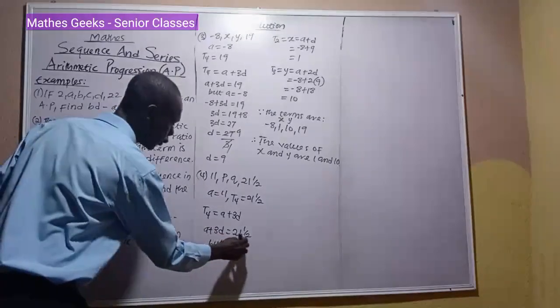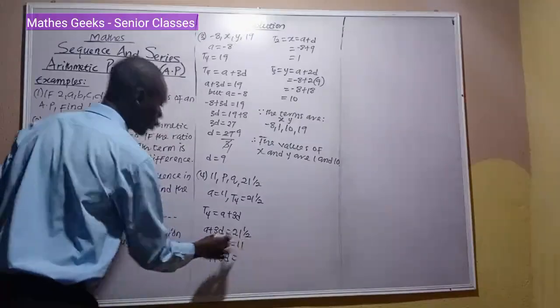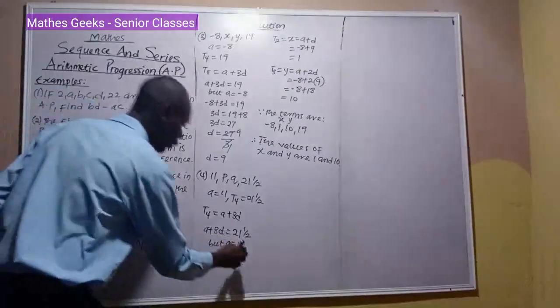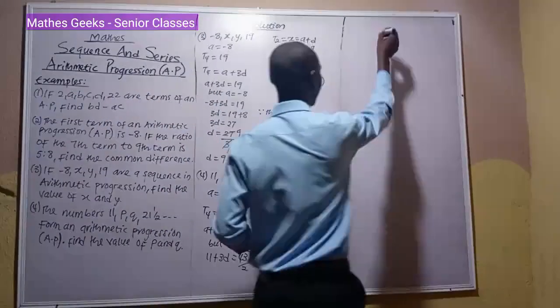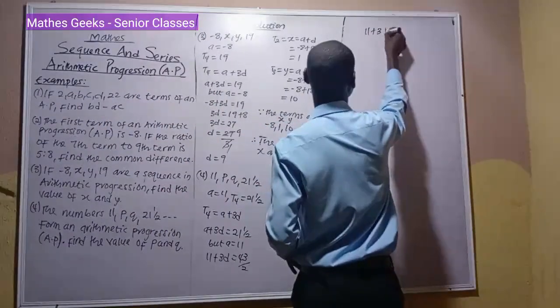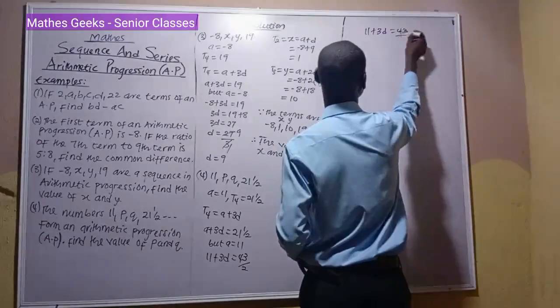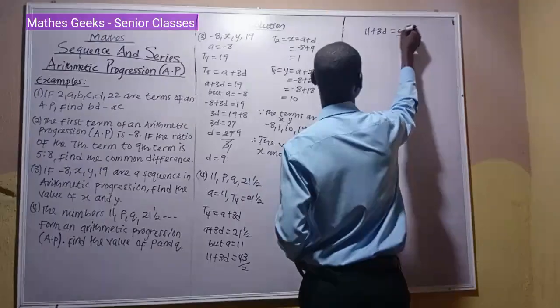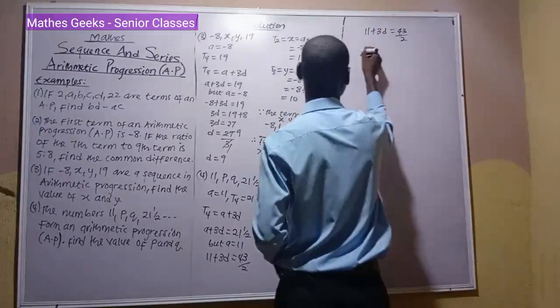But a is equal to 11. So 11 plus 3d is equal to 21/2. Bring this to this side.